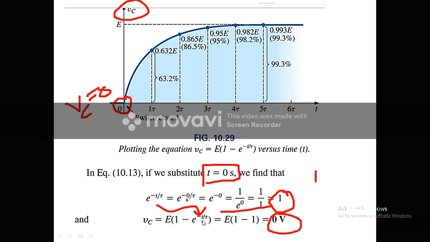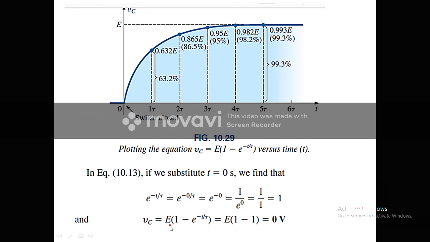Putting t is equal to 0 over here, we get e raised to the power 0, which is 1. 1 minus 1 is 0. 0 multiplied by E is 0. So Vc will be equal to 0 for t is equal to 0 seconds. It means when the switch is just closed, at t is equal to 0, no charge and no voltage appears across the capacitor, which will be equal to 0 at t is equal to 0 seconds.